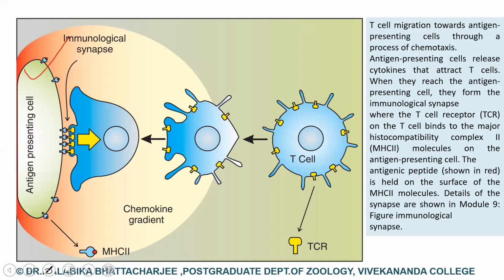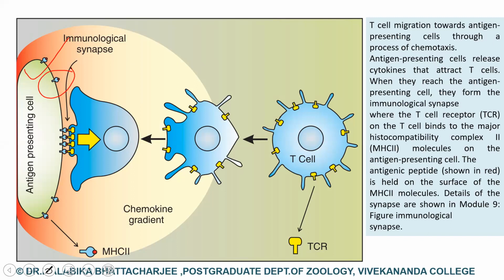Now, this is an antigen presenting cell. So let us assume that the antigen presenting cell is presenting its antigens via the MHC class 2 molecule. The moment the antigen presenting cells are displaying the antigens via the MHC class 2 molecules, what happens?